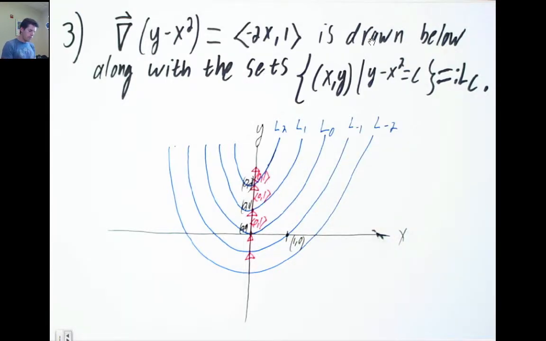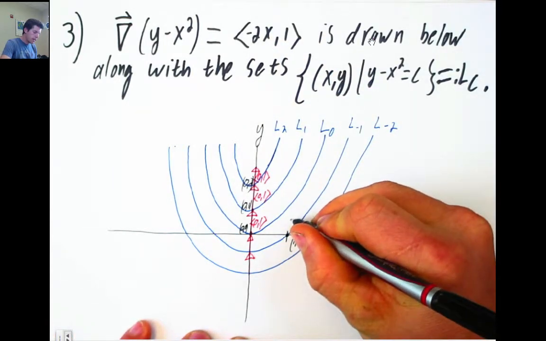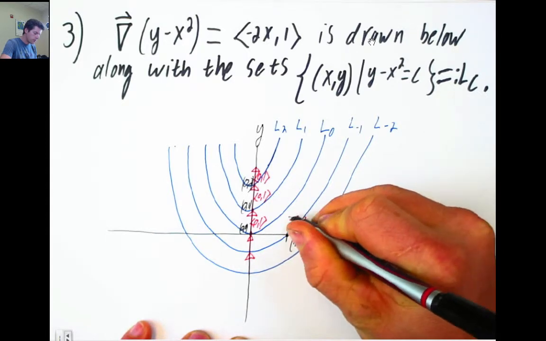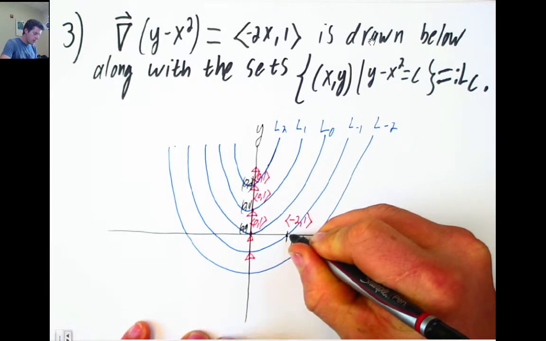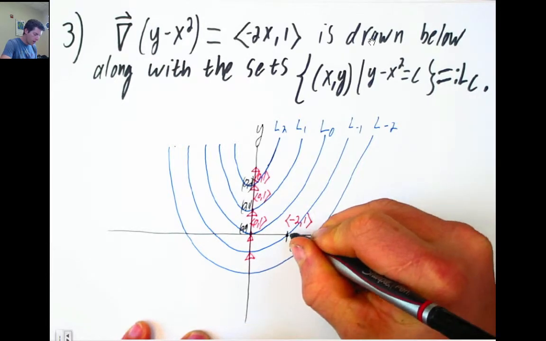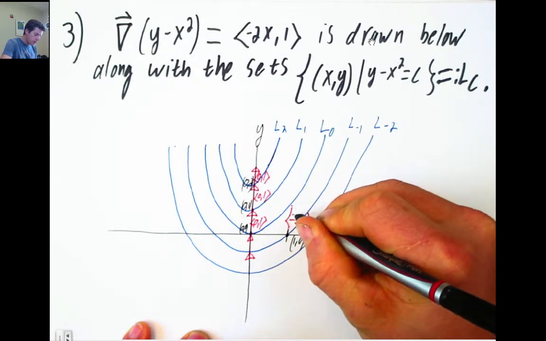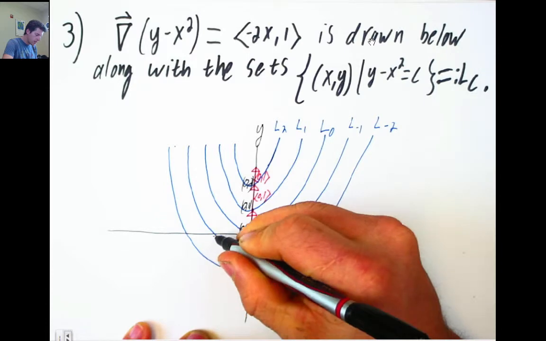And let me try to figure out what this function looks like there. The components should be negative 2 times 1 comma 1. Okay, so I need to draw that vector emanating from this point. So it's going to go up 1, it's going to go up to there, and then it's going to go over 2, over to here, and then there's 2.